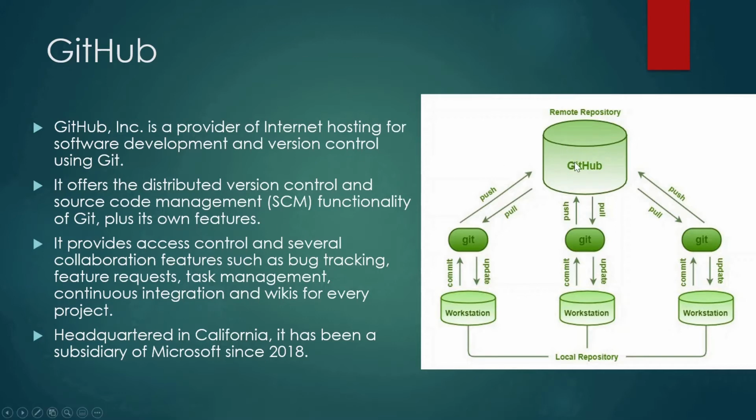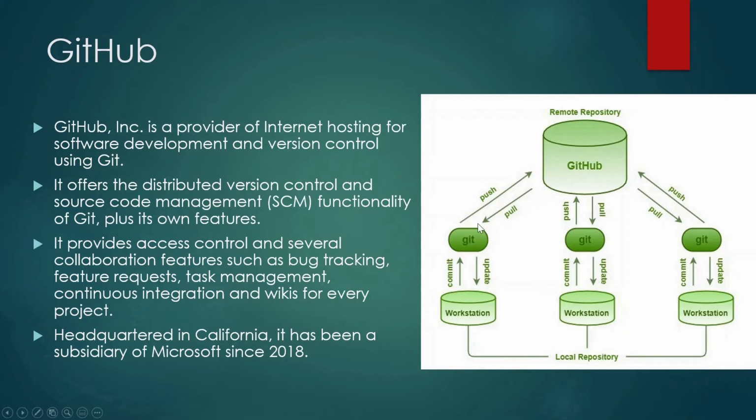Now, if you can see on this screen, consider GitHub as the remote repository and you have three workstations over here. So consider it as three people who are working on the same code. What they'll do, using Git, which is already installed in their system, is pull the code. Pulling code means the code is over here in the central repository.